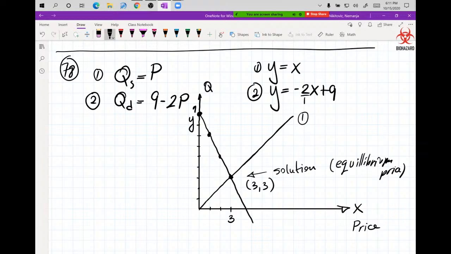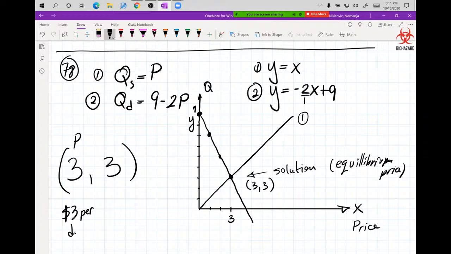But the 3, 3 solution in this case, where we know that this is our price, means $3 per donut, and over here quantity is 300 donuts, because they say that you're supposed to sell 300 donuts at $3 per donut.